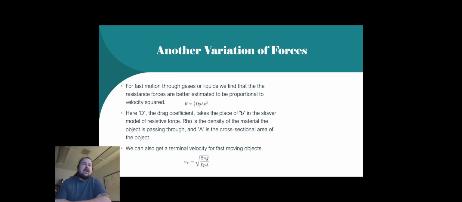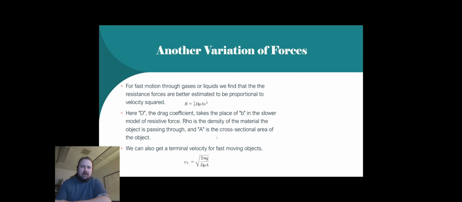Anyway, it's the density of the material that the object needs to pass through. The capital A behind that is the cross-sectional area of the object. So if you can make things smaller, they'll pass through things easier. If you can make them pointy, you'll have a lower drag coefficient, and all of this leads to a lower resistive force.